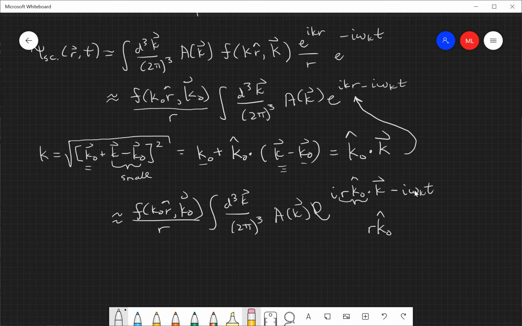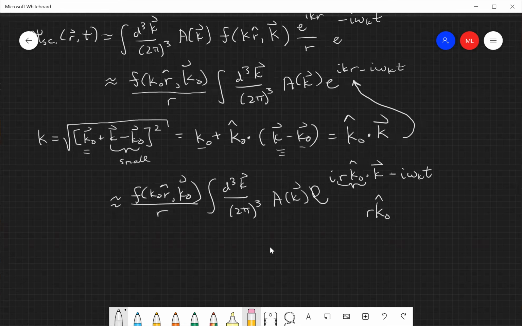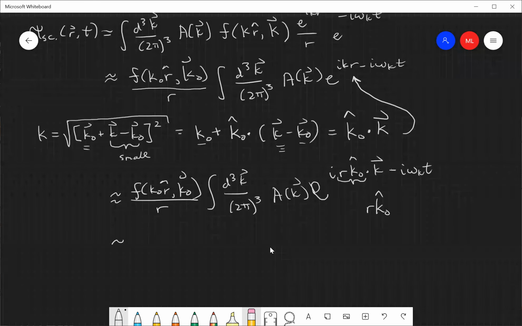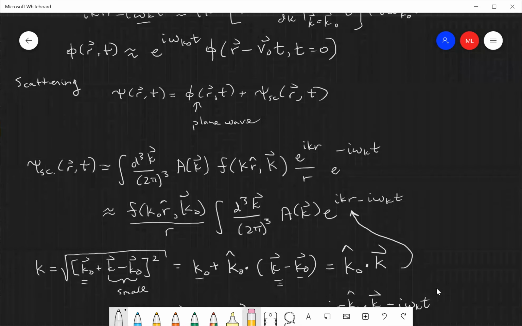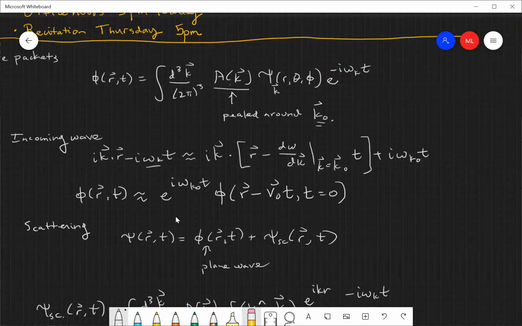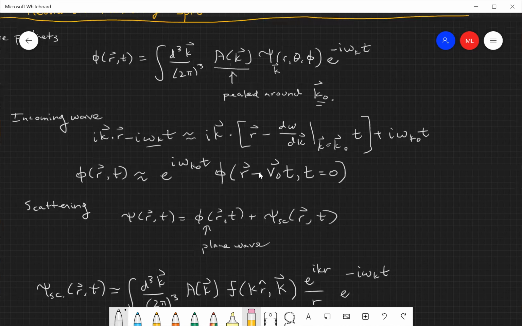But we can now approximate this integral using the same approximation we used for the incoming plane wave. The only difference is instead of r here, we would have the magnitude of r times k naught.